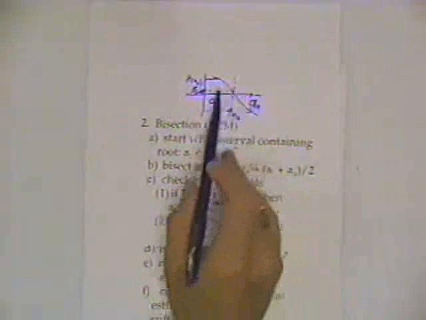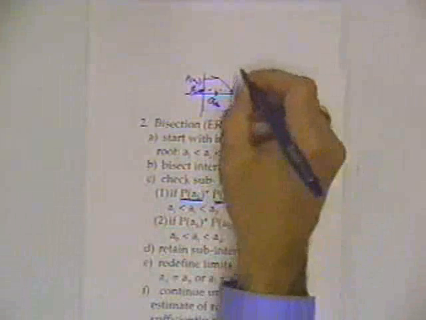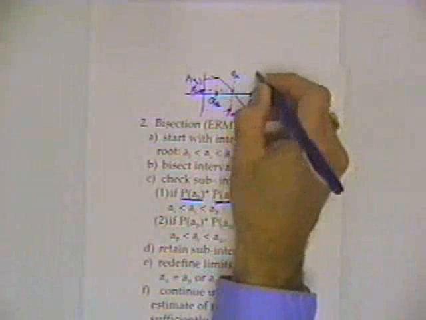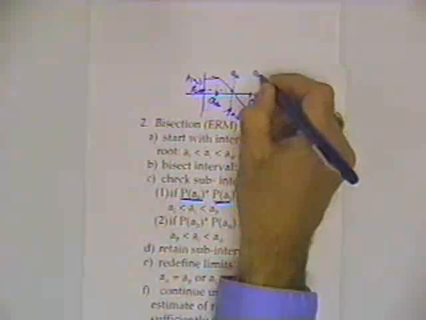So in this case, as we've drawn it here, you would calculate that the root lies on the upper subinterval. So what you would do is retain that subinterval and then redefine the problem so that now this will be the lower limit, this will be the upper limit, and we'll go through the process of bisecting it again.